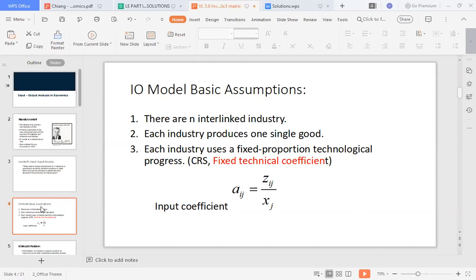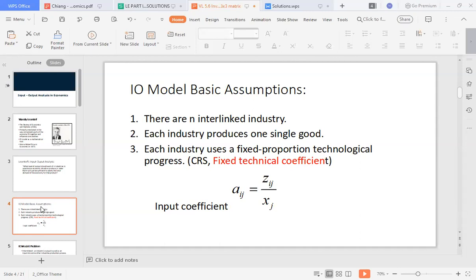We need to limit our study to one homogeneous good because, as I mentioned, there are sectors, and if you look at the industry classification in PSA, there are many subsectors, and each subsector will produce a lot of goods.